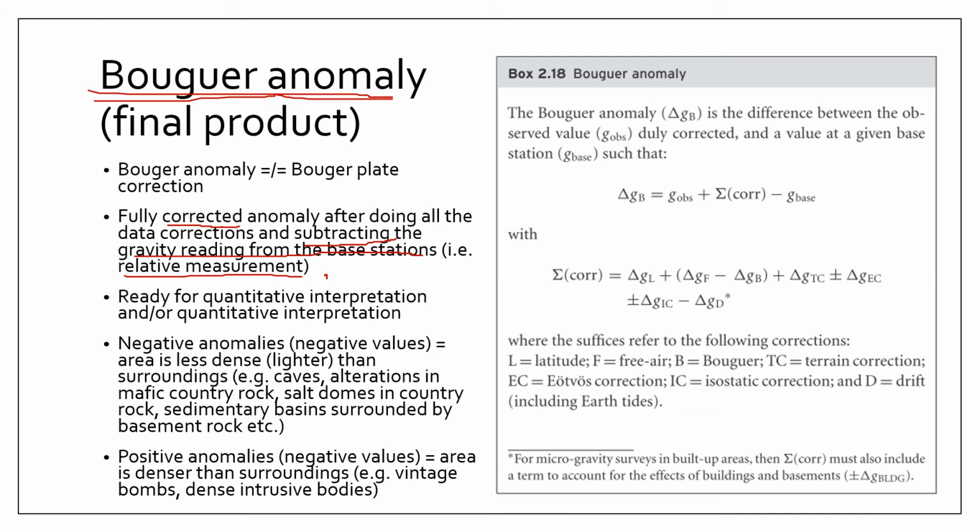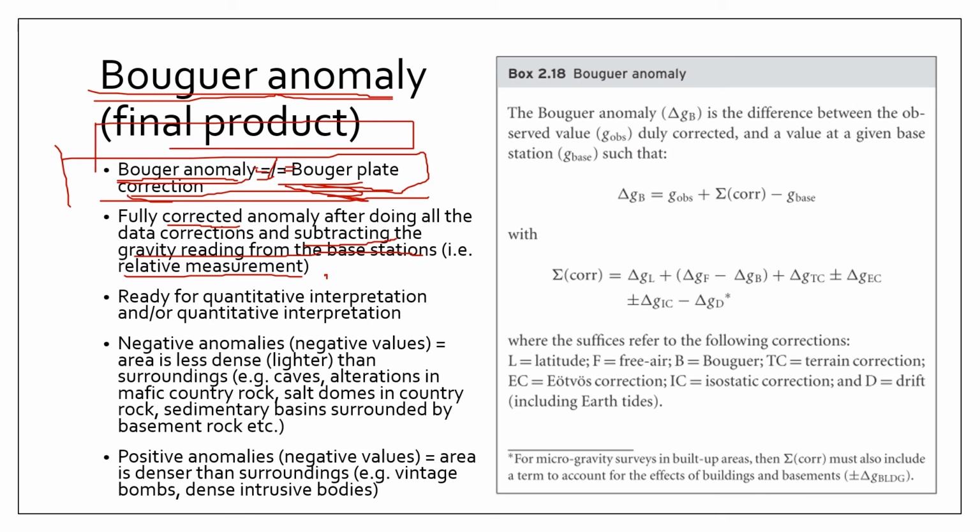They have a Bouguer plate correction for the correction, and they also have a Bouguer anomaly for the final product. So Bouguer anomaly is not Bouguer plate correction. They're two different animals. It's confusing, but they are not the same. Alright, so Bouguer anomaly is the final product.